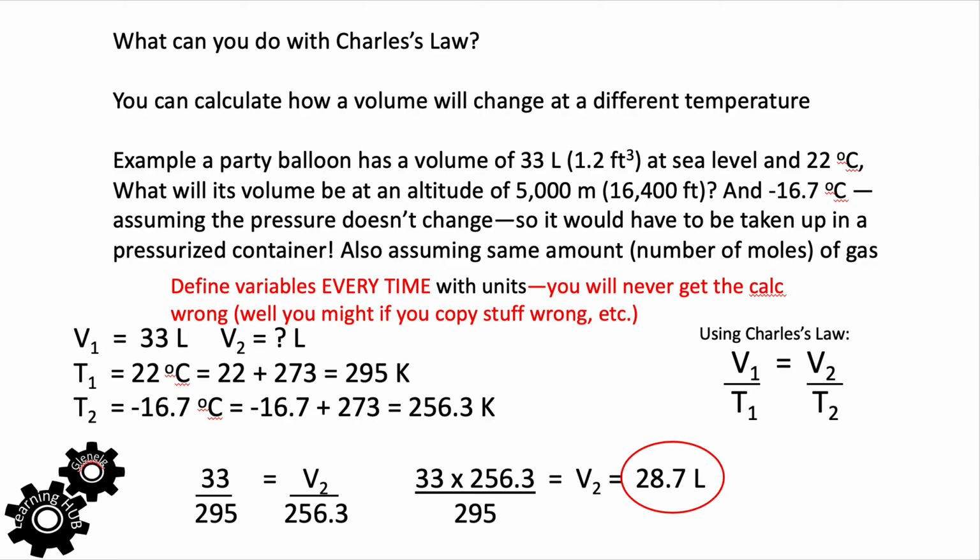T1, my temperature, but it's in Celsius, so I have to add the 273 to get 295 Kelvin. I do the same with my negative 16.7, add that to 273 to get the Kelvin value, and now put those numbers into the Charles' law equation and solve for V. Oh, now it's less than it was at sea level. Is that what you would expect?